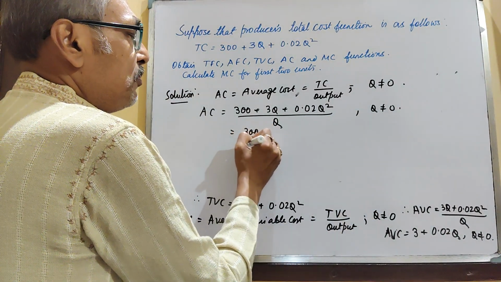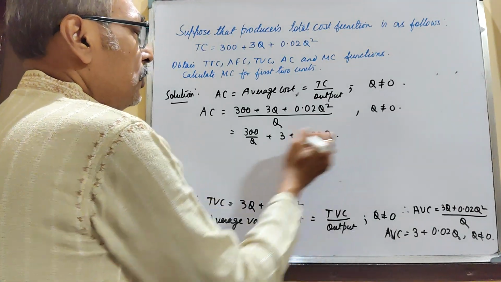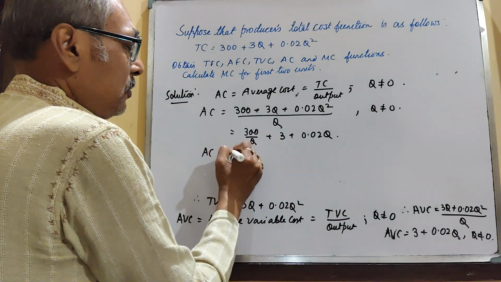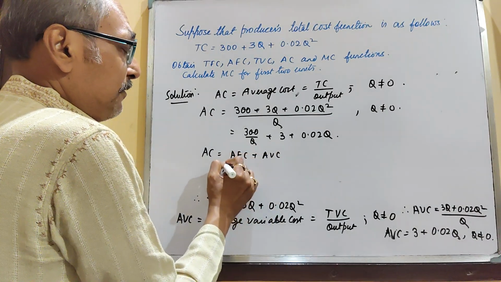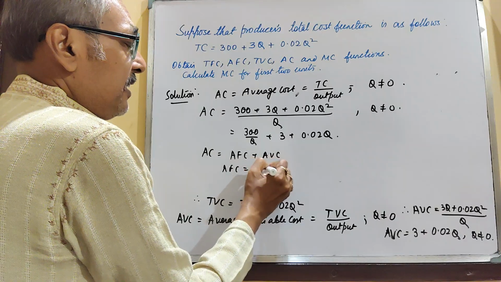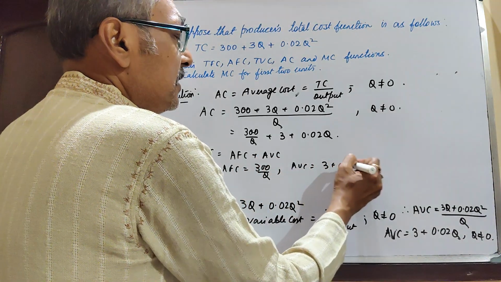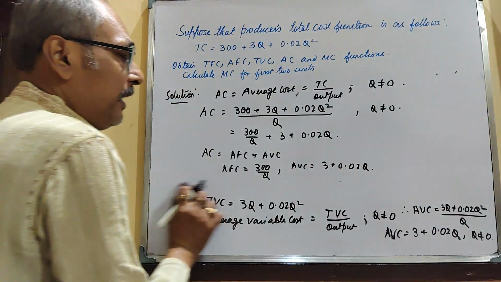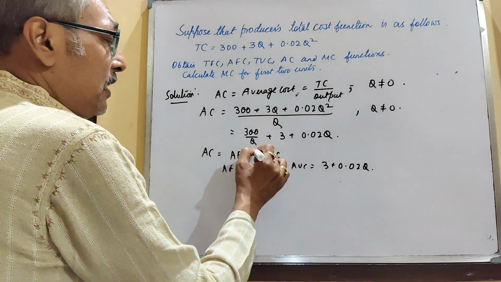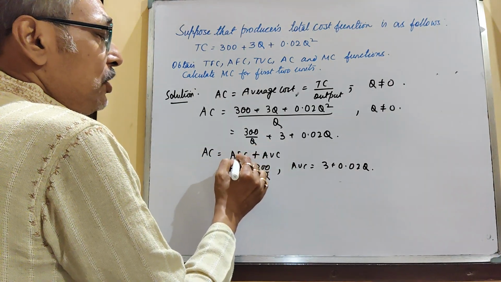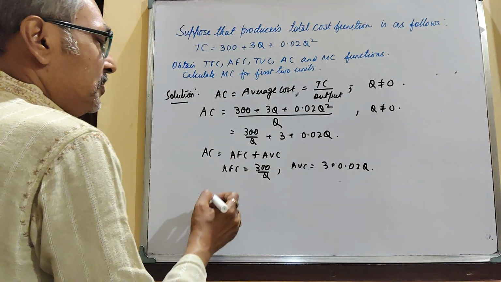This is 300 by Q plus 3 plus 0.02Q. Look, AC equals AFC plus AVC. AFC is 300 by Q, and AVC is 3 plus 0.02Q. This part is not asked; I am just showing what AC is, the summation of AFC and AVC.